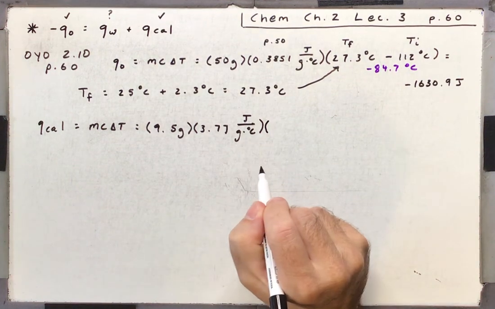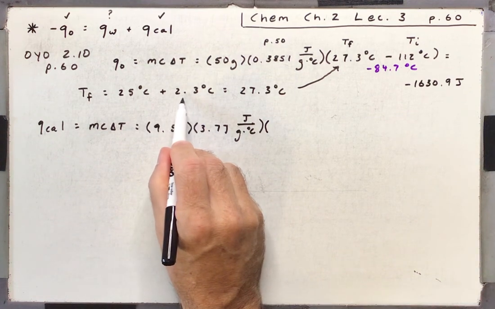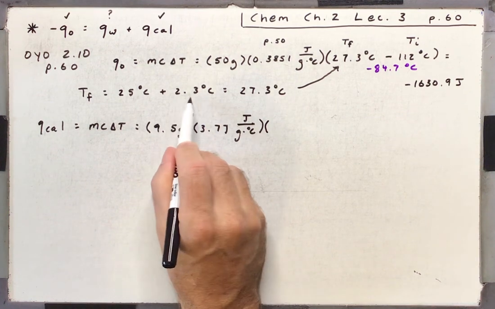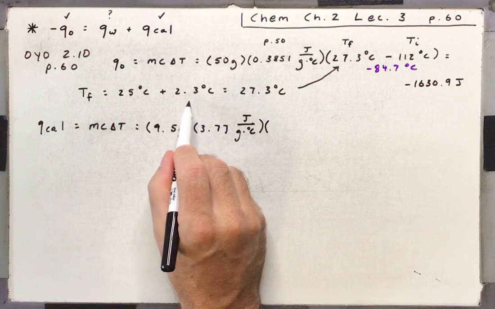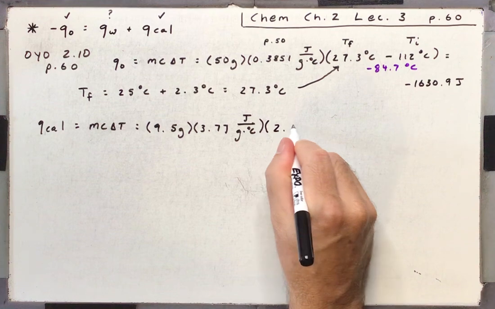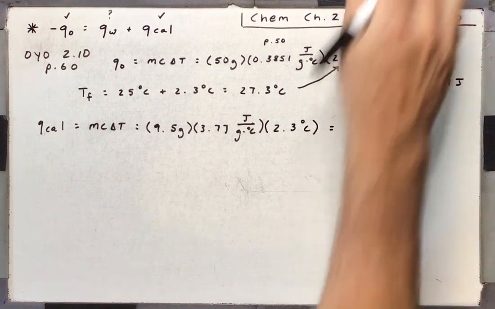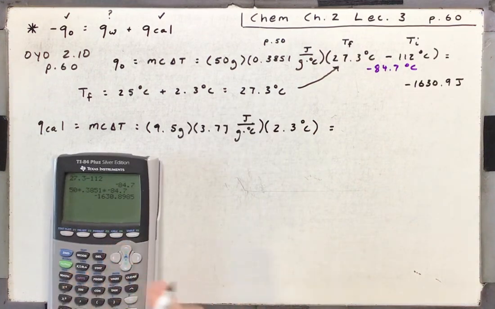All right, and then the change in temperature. Remember, the whole thing raised 2.3 degrees. Okay, that was just right from the problem. The change in temperature for the calorimeter and the water is exactly the same, so that'd be 2.3 degrees C. So if the water goes up by 2.3 degrees, the calorimeter also goes up by that amount.